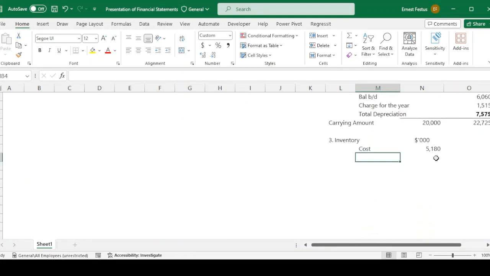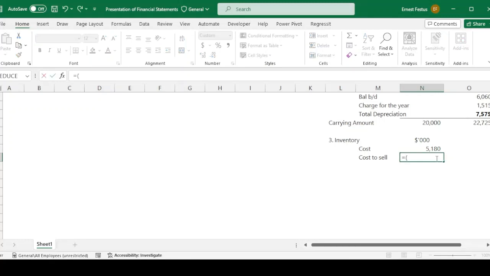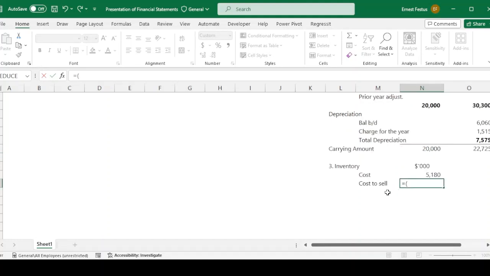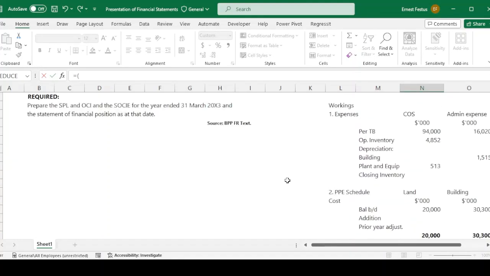So I'll come here, and we have cost to sell, and I'll bring my equal to sign, and then I'll bring brackets. You have to pay very keen attention to what I'm doing here.